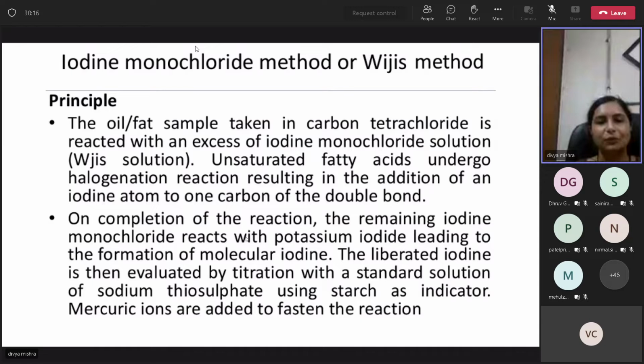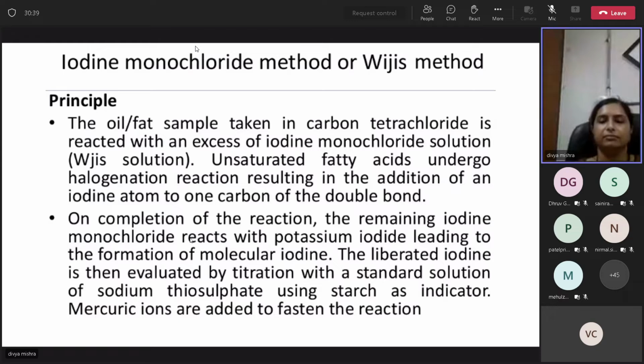Now, when the reaction is completed, some of the reagent will be utilized as per the degree of unsaturation, but the remaining iodine monochloride will still be present in the solution.